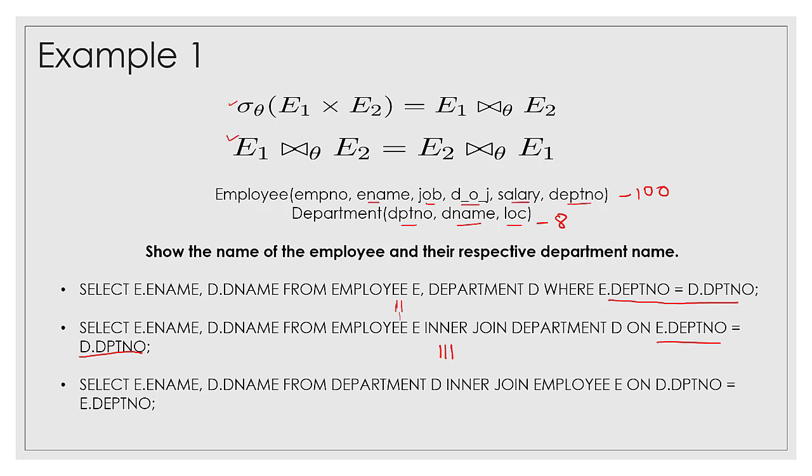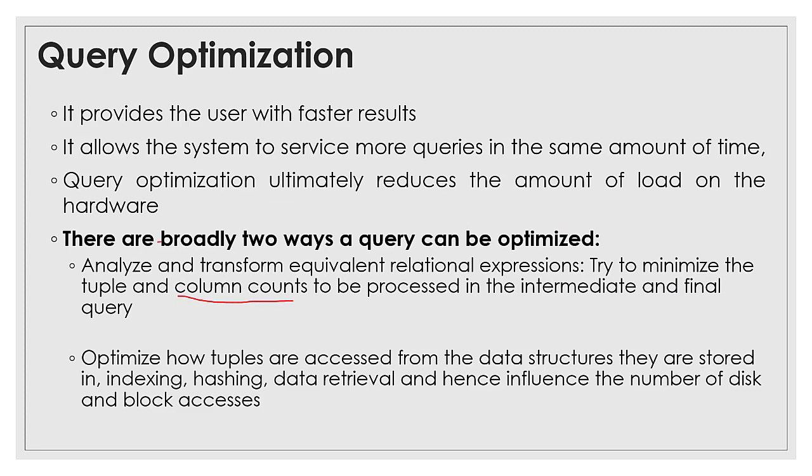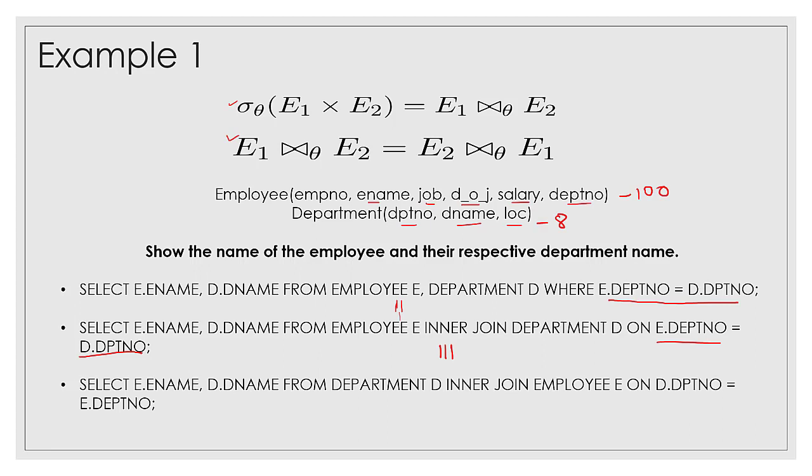So instead of giving the total department table and the employee table in the join, if we give the department number and the department name along with the employee name and his department number, and then perform the join, it will reduce my column count, which is one of the criteria to optimize our cost, right? So in this way, we can produce an even more cost effective query.